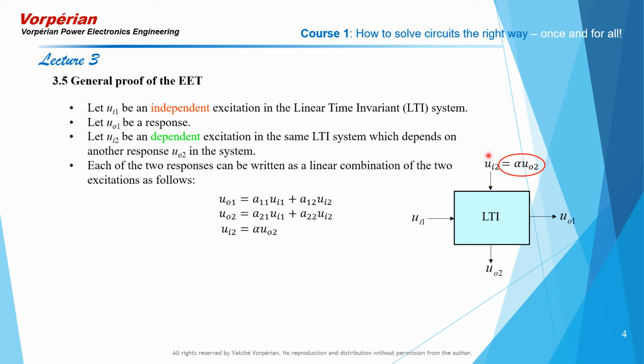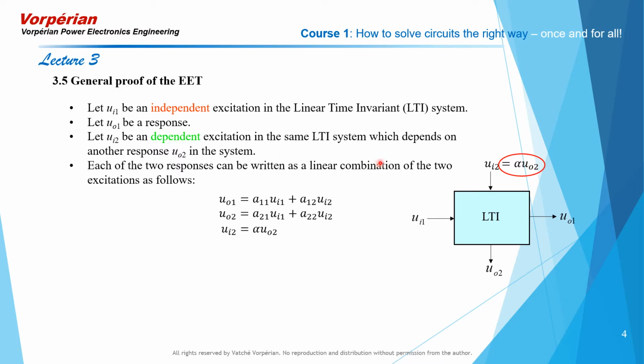Now this is a dependent source inside the LTI, and you're trying to figure out the transfer function output 1 over input 1. I want you now to think of this dependent source here as the troublemaker in your effort trying to determine the transfer function output 1 over input 1. And we call that the extra element.